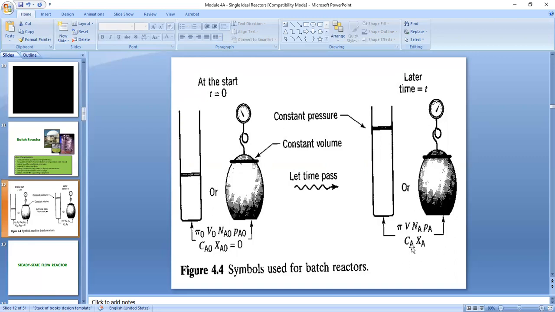So you have here CAO, which should be CAO times X_A, not anymore equal to 0, because of course A has been partly converted, if not fully converted. These are the representations that you will encounter for the batch reactor, whether constant volume or varying volume.